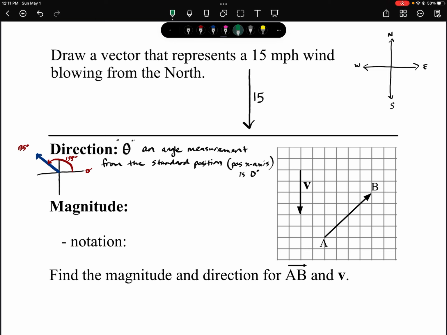Or we could go in that negative direction, go around here like this, in which case we'd have, what, a negative 225 degrees? But that's what it's talking about when we're saying the direction. So the direction is the angle measurement from the standard position. Now magnitude is just simply the length of the vector.